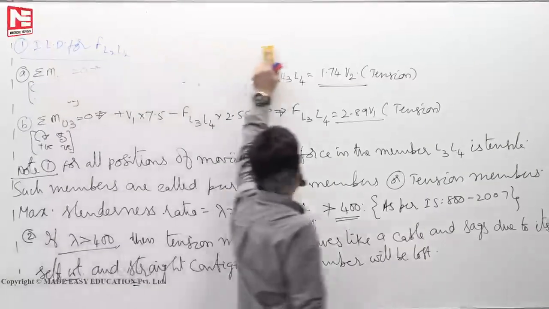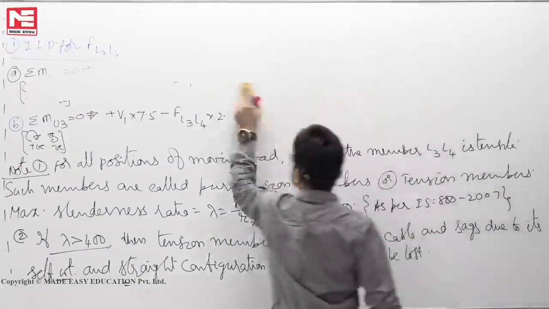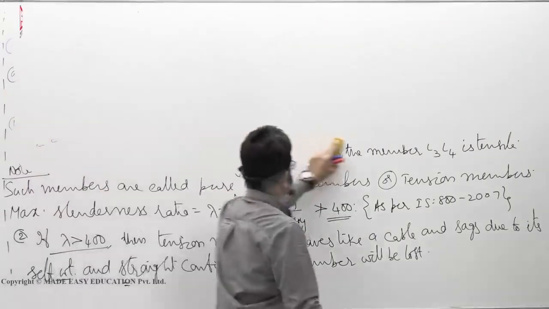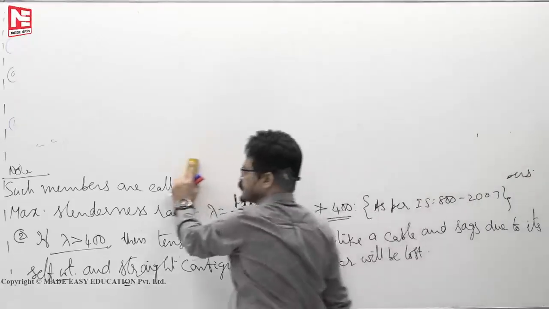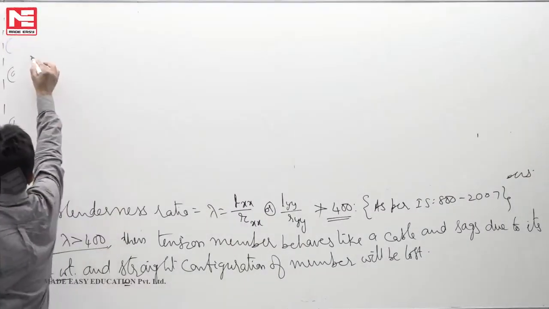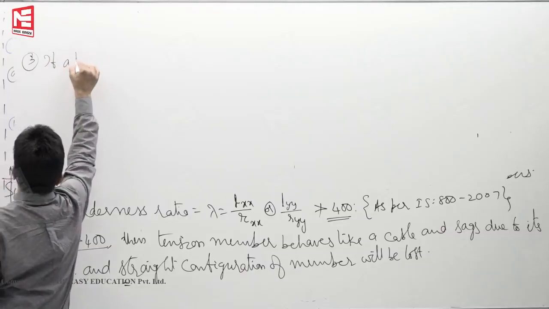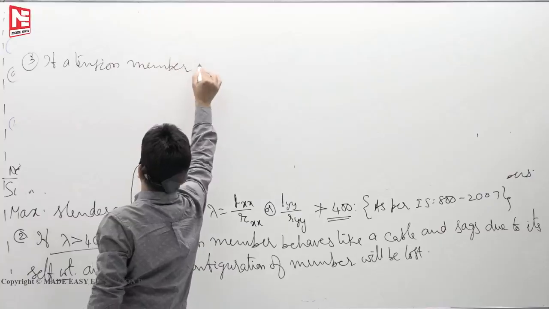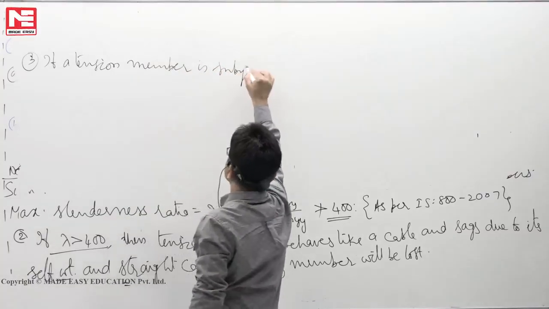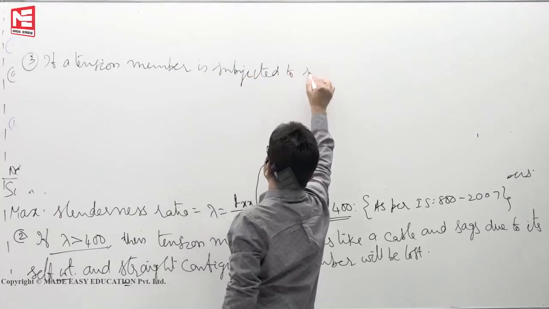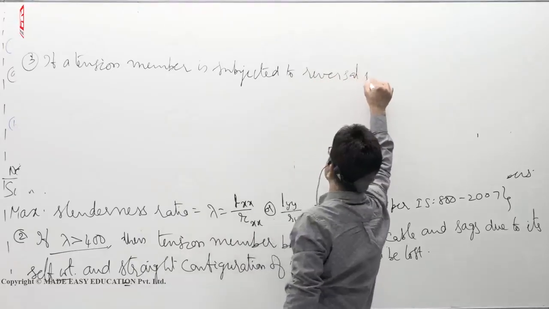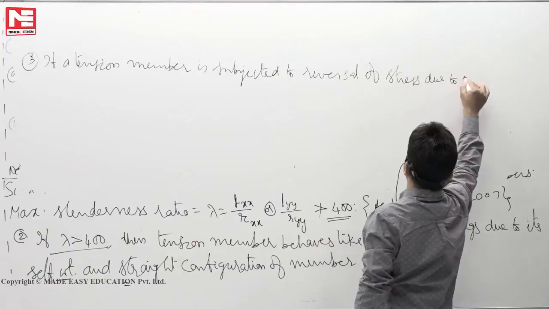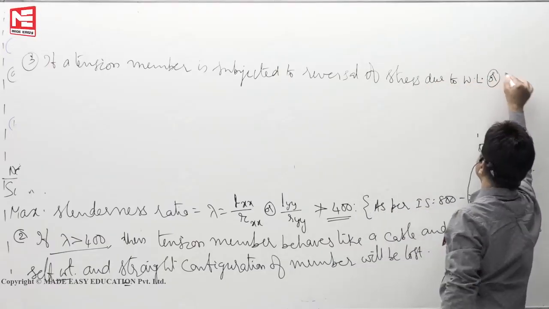third point, if a tension member is subjected to reversal of stress due to wind load or earthquake load.